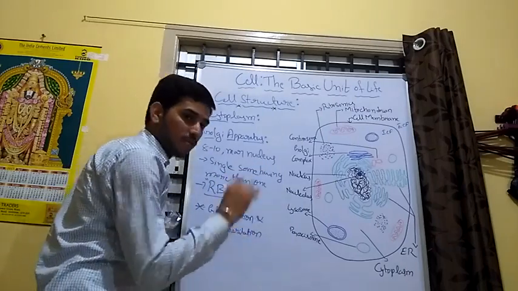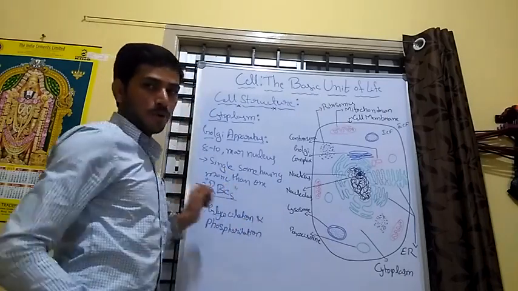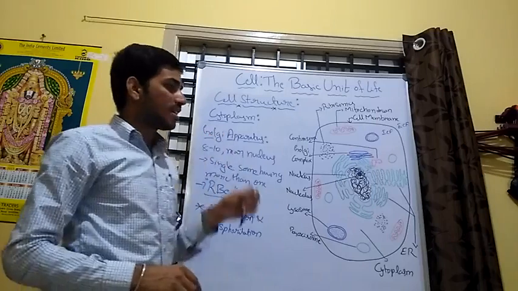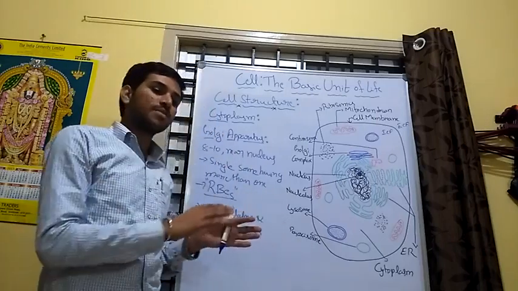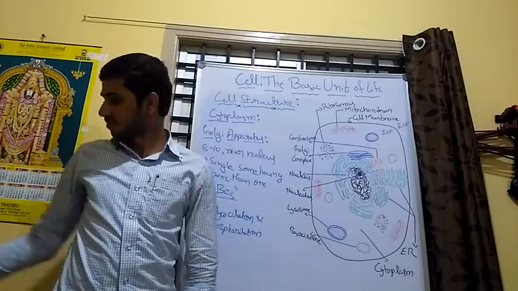Glycosylation means addition of glucose, and phosphorylation is addition of phosphate molecules to the proteins. It occurs in the Golgi apparatus and leads to some structural and functional changes in the proteins.